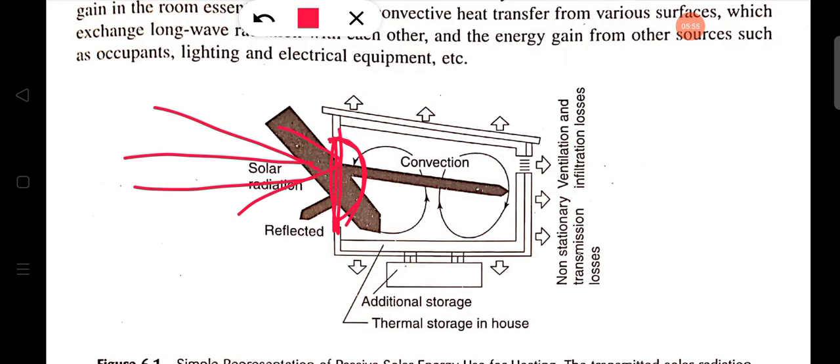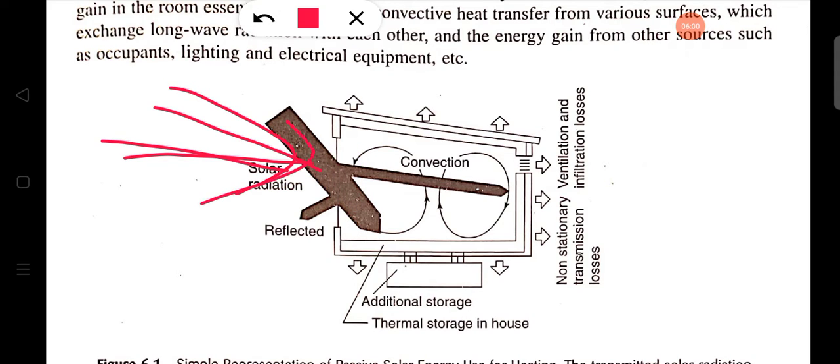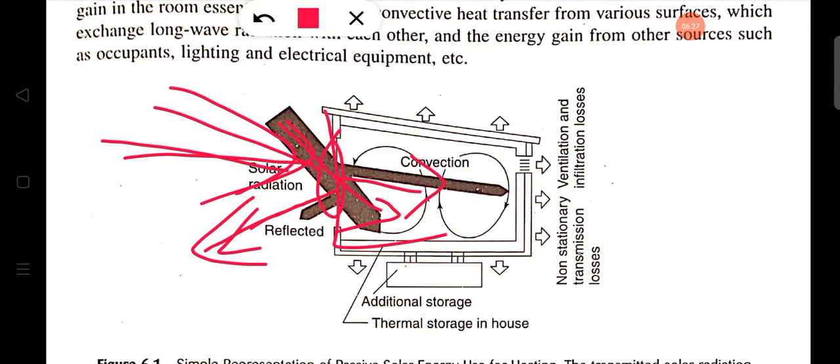So the solar radiation falls on the transparent side of the building, and not all of the radiation goes through the transparent partition, some is reflected back. So we get some radiation inside our room.